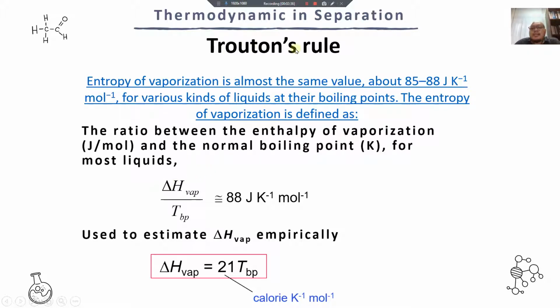What does Trouton's rule say? It says that the entropy of vaporization is almost the same value, about 85 to 88 joule per kelvin per mole, for various kinds of liquid at their boiling point. The entropy of vaporization is defined as the ratio between the molar enthalpy of vaporization and the normal boiling point. It's about the same.